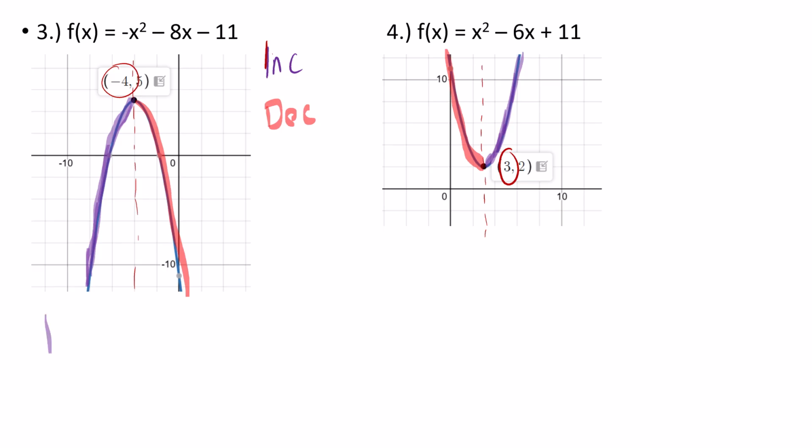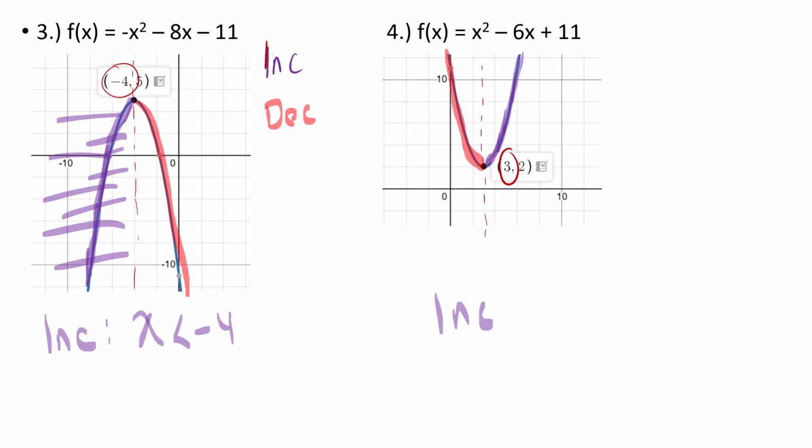All right, so I'm going to write in the highlighter here. For increasing on this one, it is to the left of the -4, and try not to make boundaries that aren't there. Sometimes students will stop at the x-axis or they'll stop here, in places where there's no reason to stop. So this would be x is less than -4.